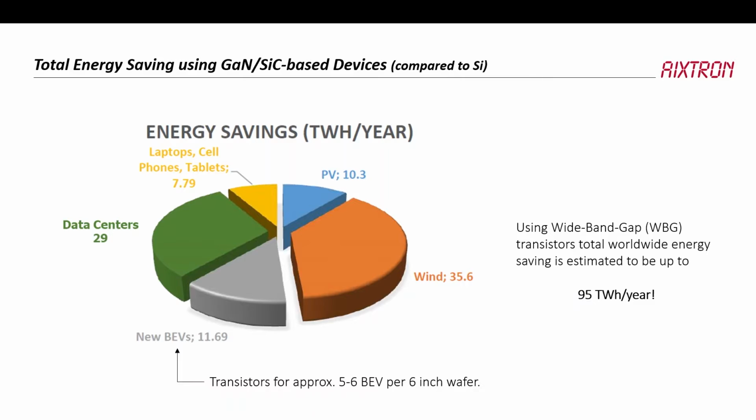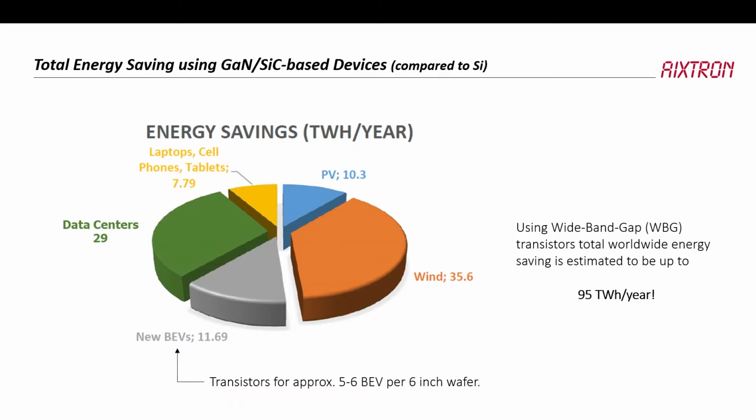So this is from the International Energy Agency, and they've done a report. This is the Power Electronics Conversion Technology Annex, PECTA, from 2020, and they did a calculation. This is a bit of a potential calculation for wide bandgap semiconductors, in the sense that you replace every power supply in these respective fields by a wide bandgap semiconductor.